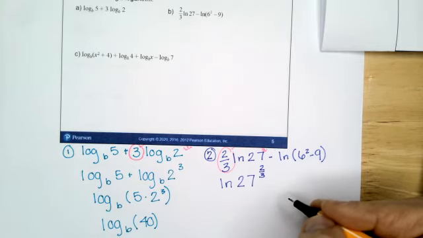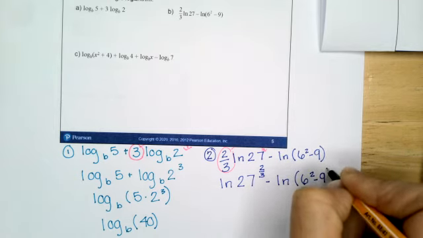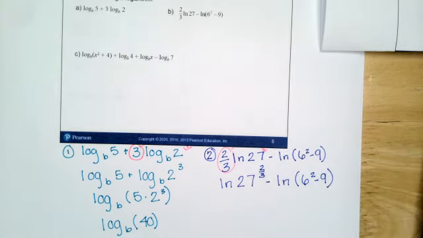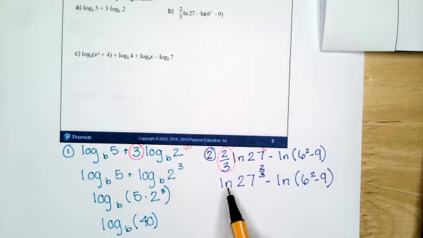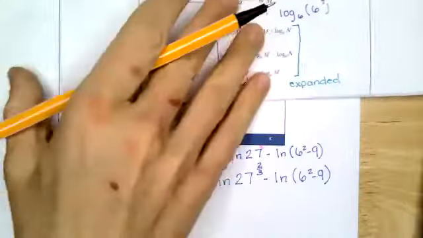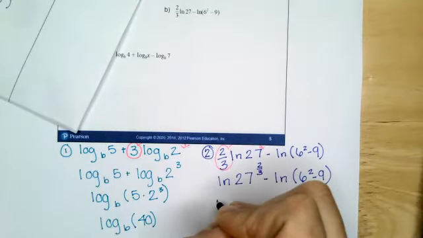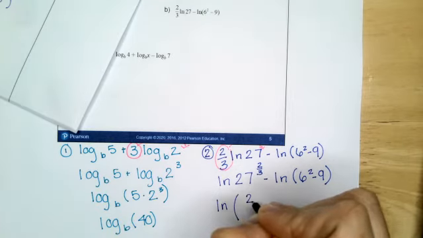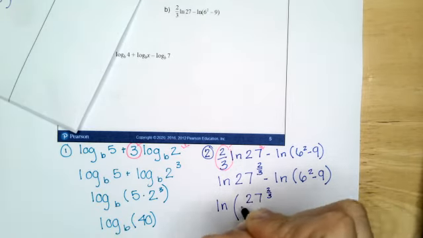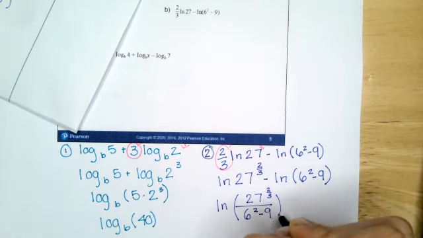Now we have 2 natural logs being subtracted, right? They have the same base, natural log or log base e, and we can condense subtraction into division. So that's going to be 27 to the power of 2 over 3 divided by 6 squared minus 9.